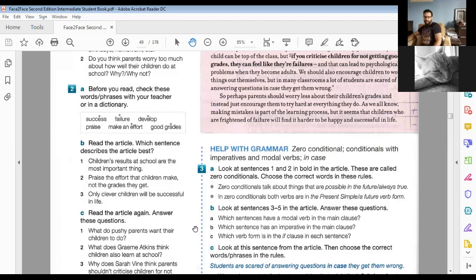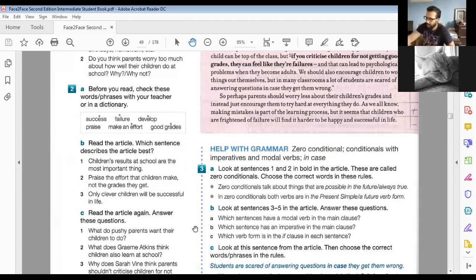All right, now let me tell you what an imperative is. An imperative is basically a verb which gives you an order. It tells you that you must do something. It's kind of an ordering verb. Yes, this is it.